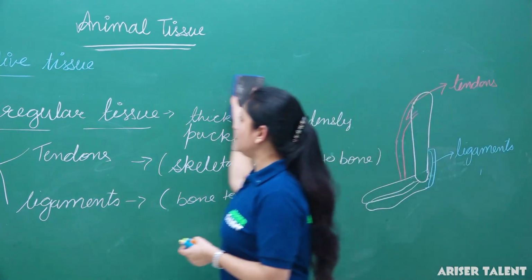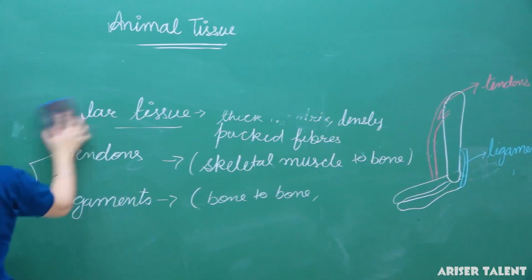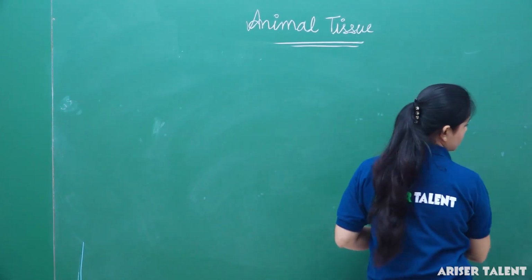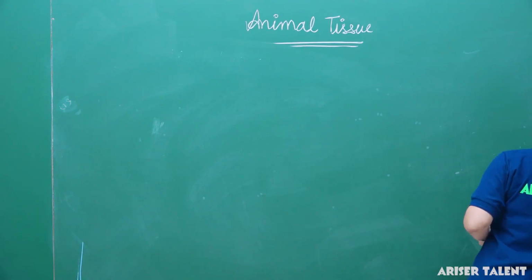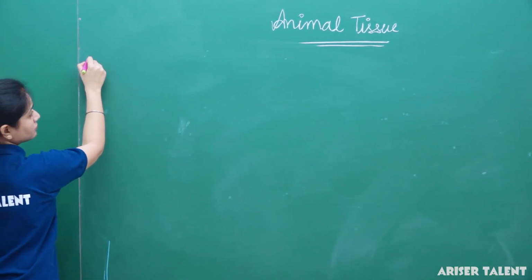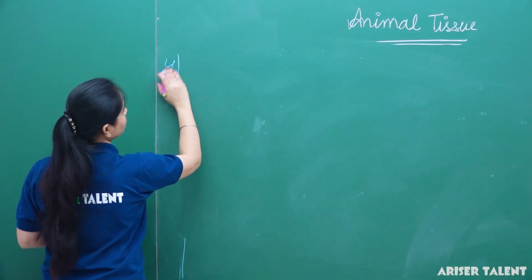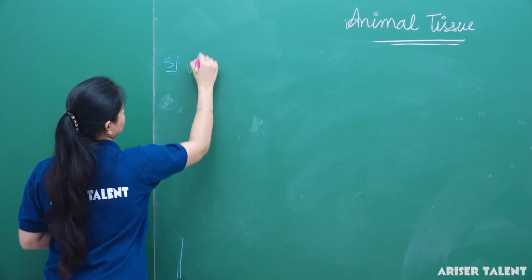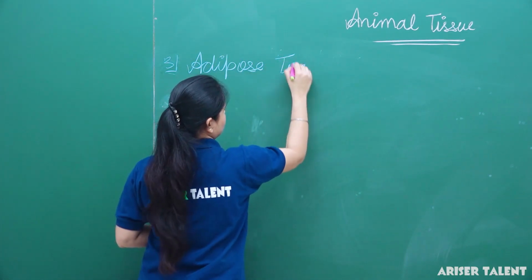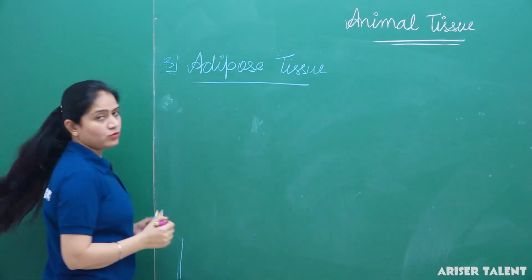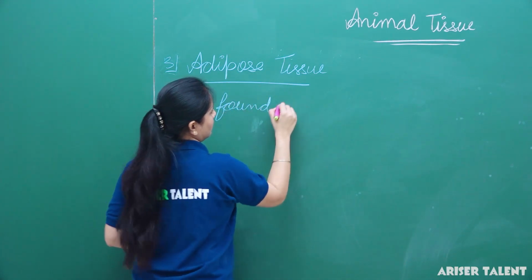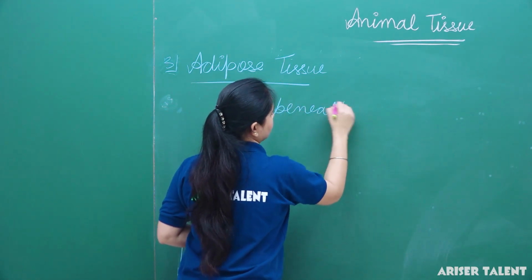Number 4 is adipose tissue. Adipose tissue is found below the skin, or beneath the skin.